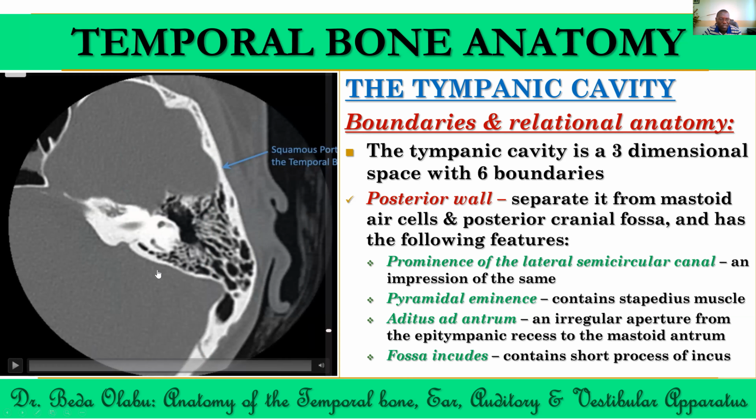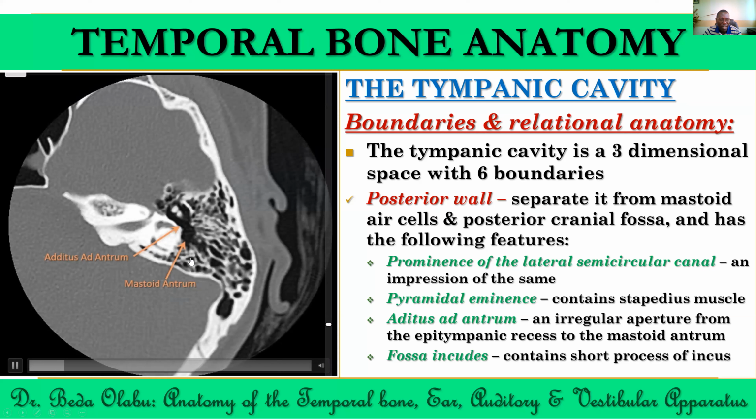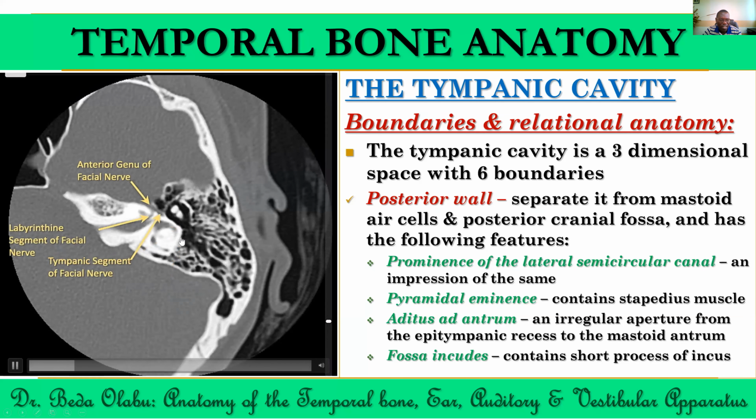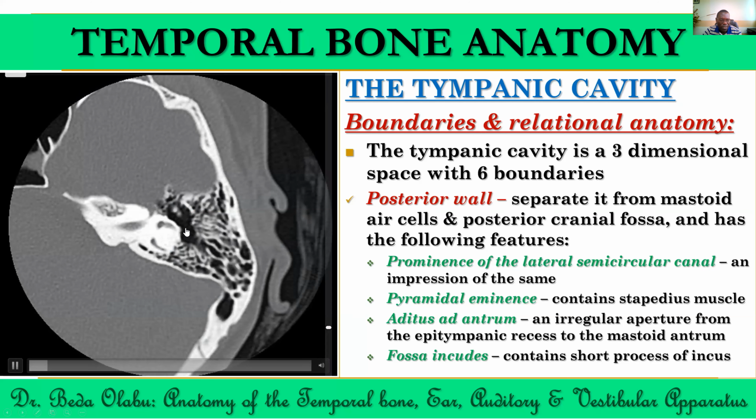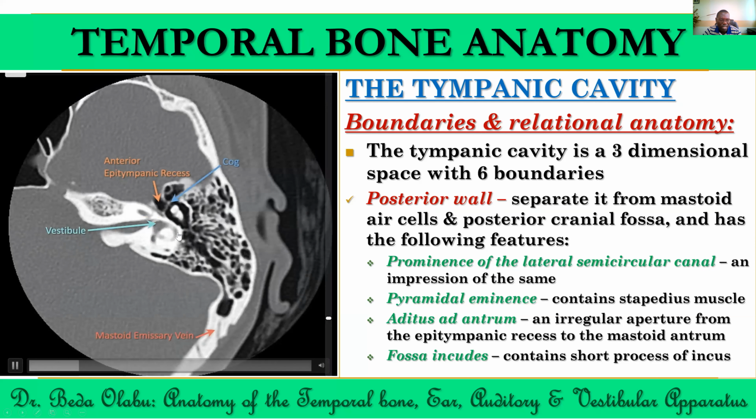So we are focusing on this image to appreciate the anatomy of the posterior wall of the middle ear. We can see the mastoid air cells here, and much posteriorly, we can see the posterior cranial fossa there. That is the aditus ad antrum. Let me take it back a bit. So this is the mastoid antrum and the aditus ad antrum, those ones projecting posteriorly. You can see the prominence of the lateral semicircular canal there.